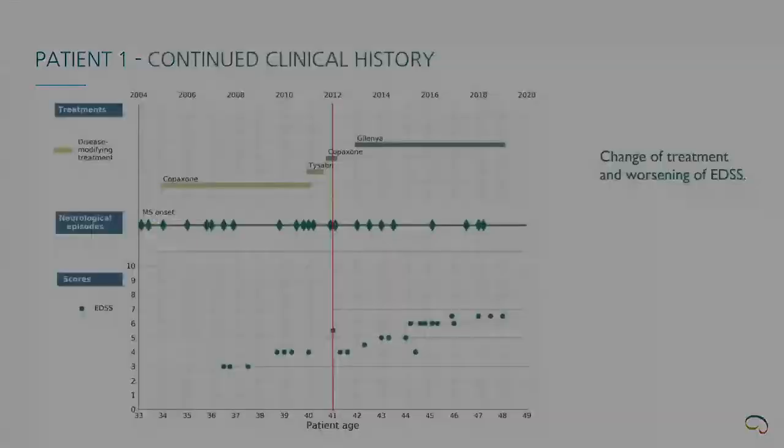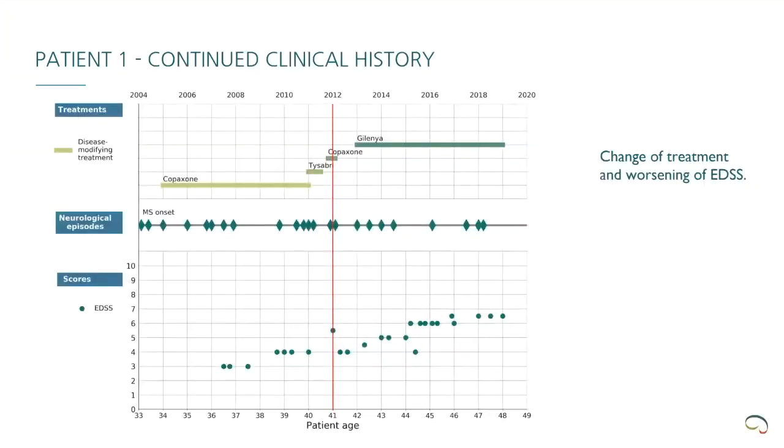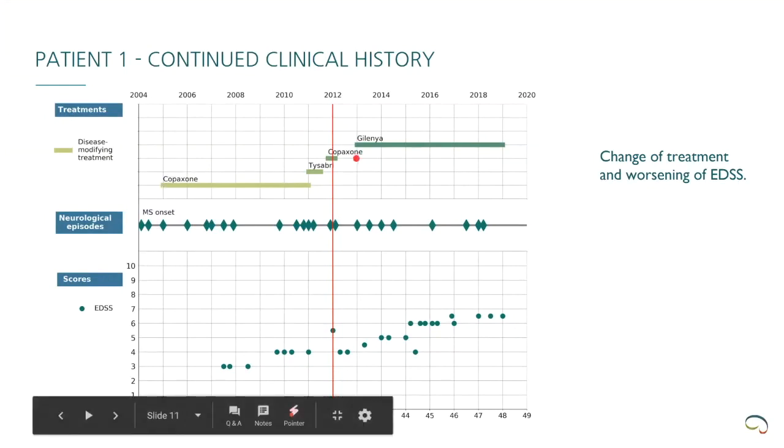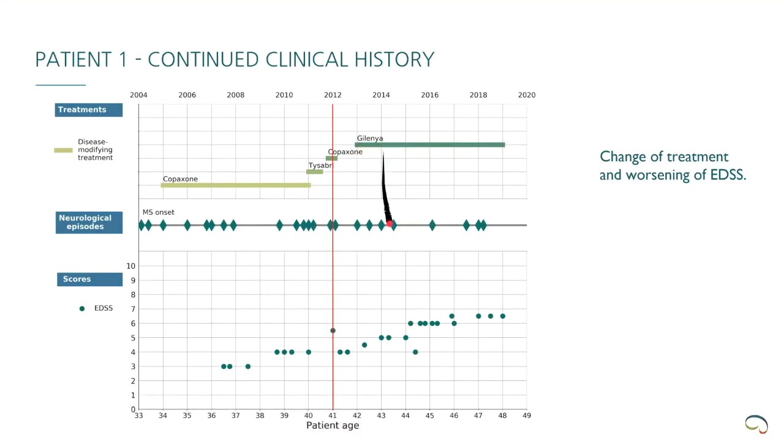And if we look at the continuation of the clinical story of this patient, then we saw that the EDSS worsened. There were also new clinical complaints, and this led to a change in therapy, and we were in 2013 then.